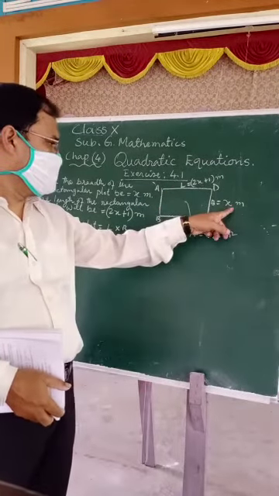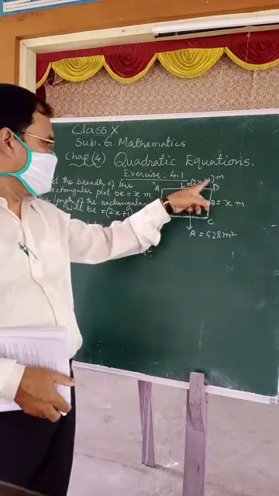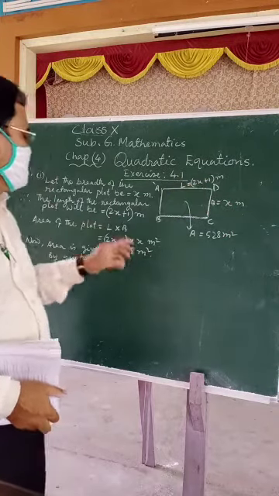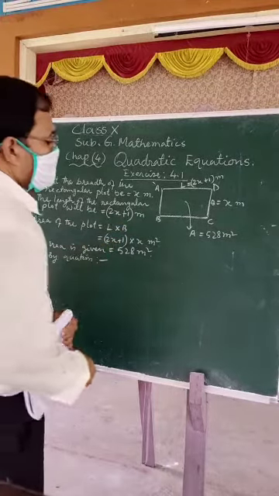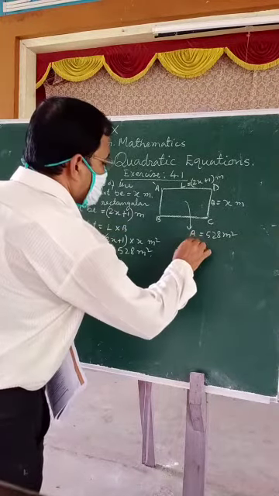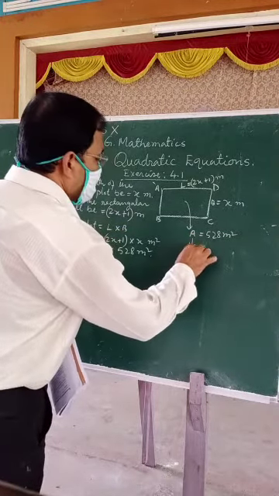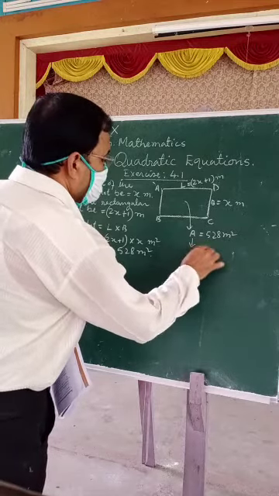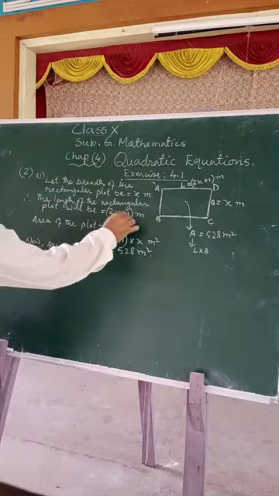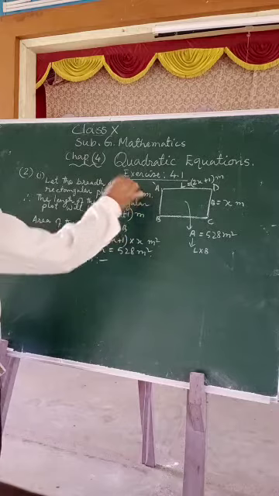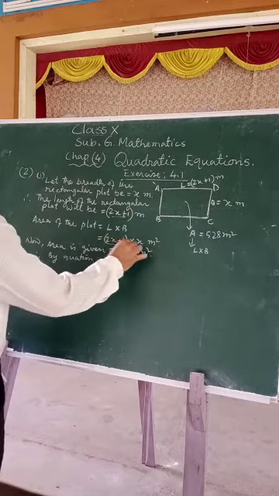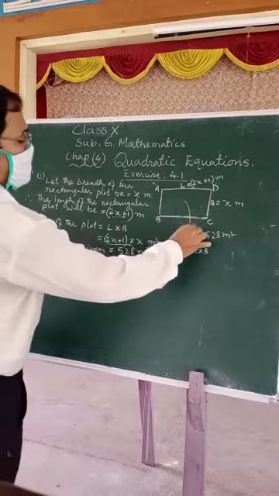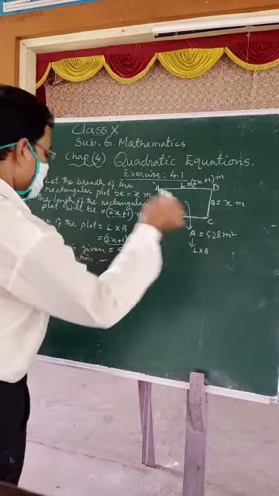The breadth is x meter and the length is twice x plus 1 meter. So the area is length into breadth, and this area is given as 528 meters square.